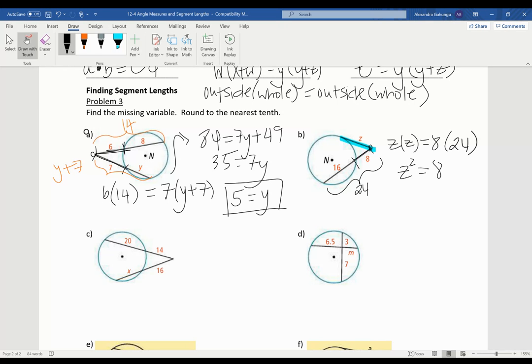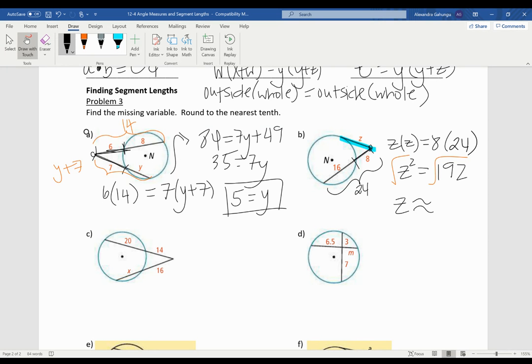All right, 192. Interesting. And we're not going to get a nice integer because 192 is not a perfect square.